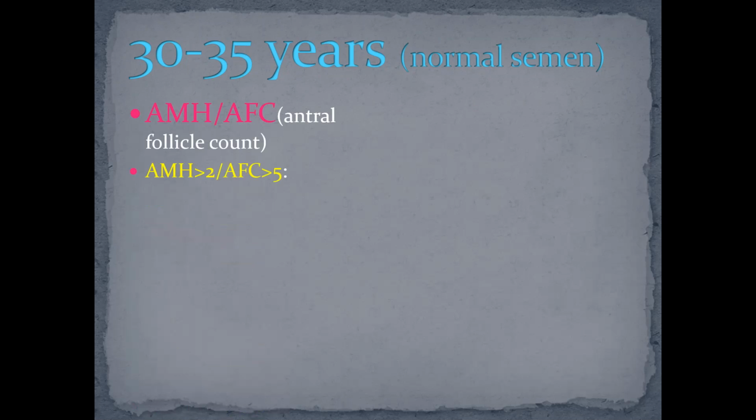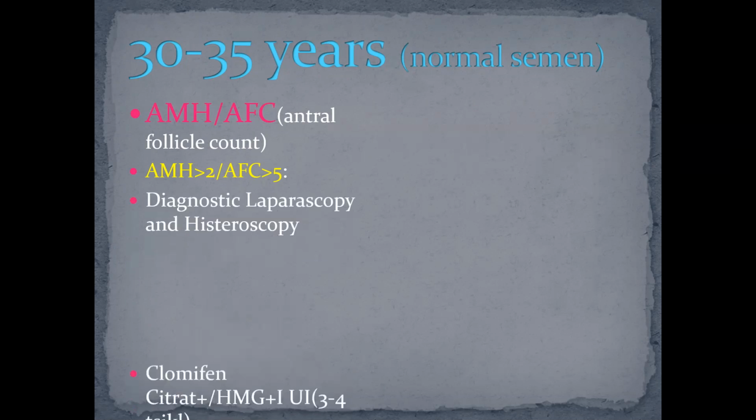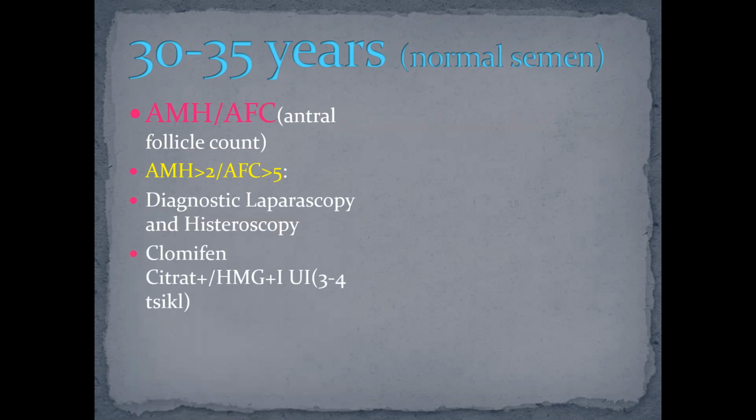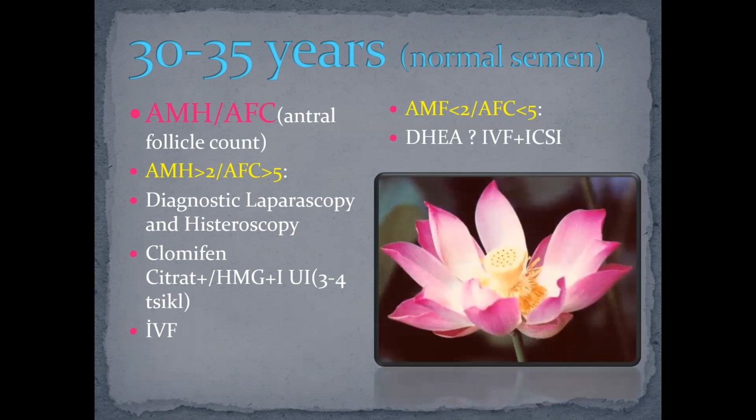If anti-Müllerian hormone is more than 2 and antral follicle count more than 5, then we perform diagnostic laparoscopy and hysteroscopy, clomiphene citrate for stimulation of ovulation, and IVF. If anti-Müllerian hormone is less than 2 and antral follicle count less than 5, then we recommend IVF plus ICSI.